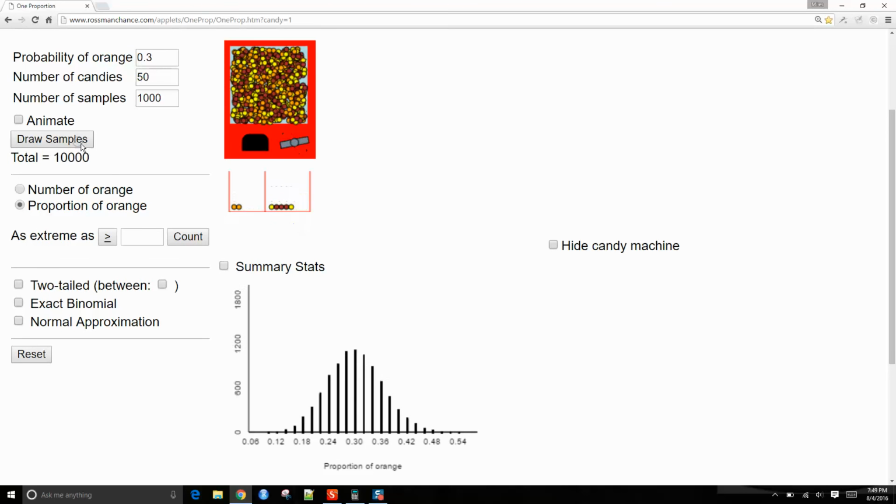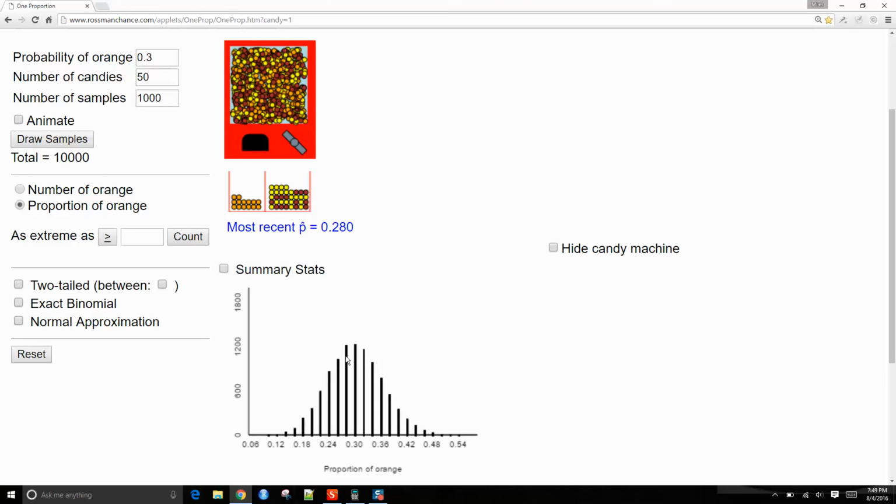Here it is after 10,000 simulations, okay? So we've done this simulation 10,000 times now, right? And we see the lines are starting to smooth out a little bit more, and we can see truly that the proportions in the middle appear most frequently, the middle being around 30%, which makes sense.